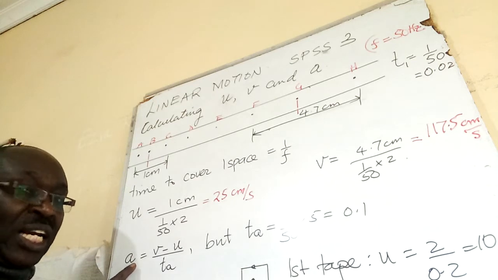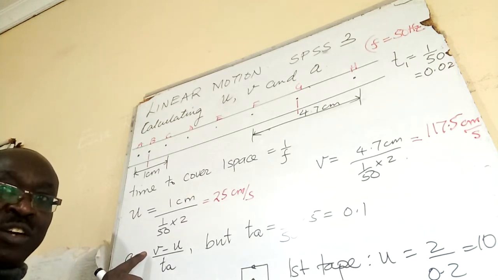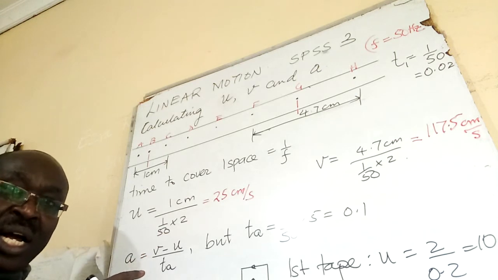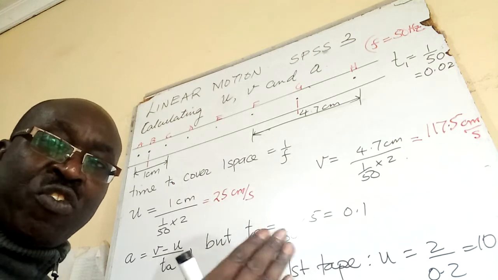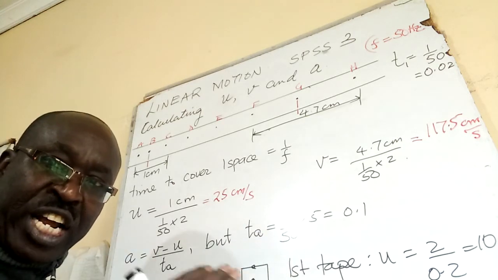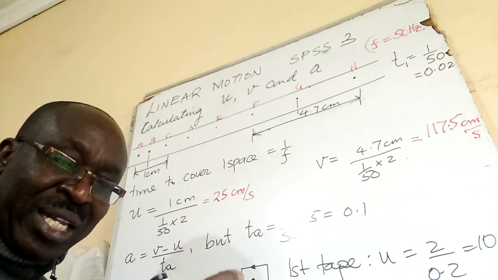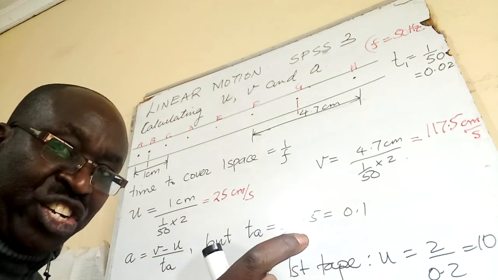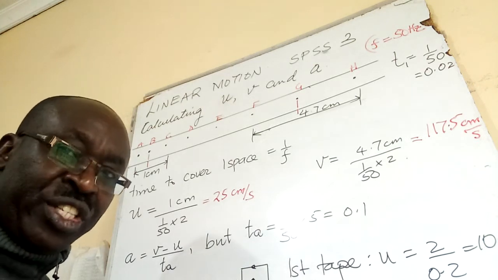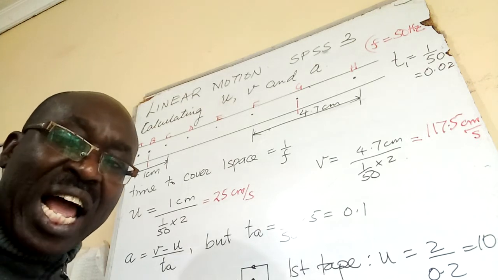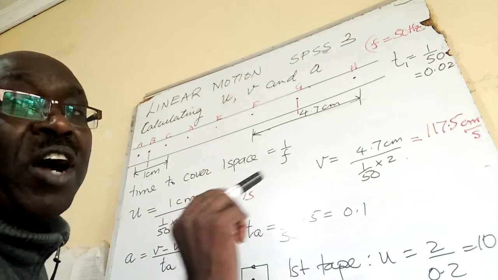If I want to calculate acceleration, I use the formula rate of change of velocity. Remember, there is velocity change over time taken. Which is this time? The time from initial velocity to final velocity.